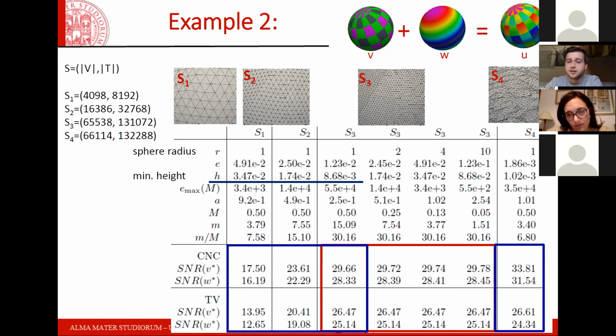And regarding the meshes or the different SNR values, it's something that we have observed: if you focus just on SNR, it really depends on the absolute values of the components.